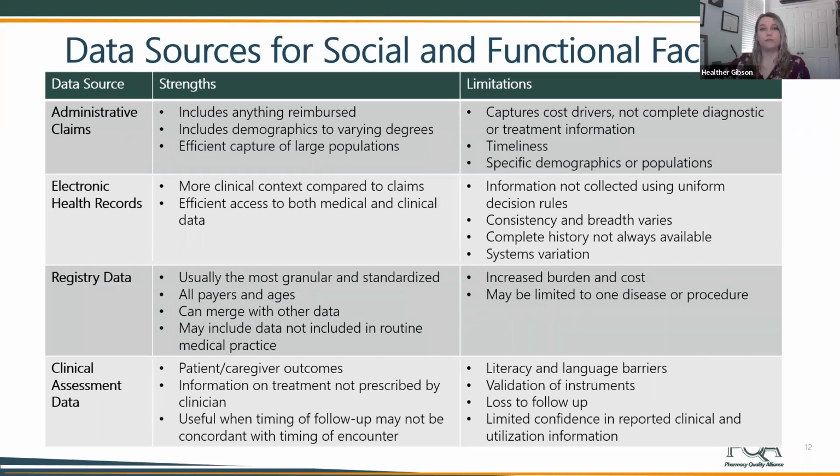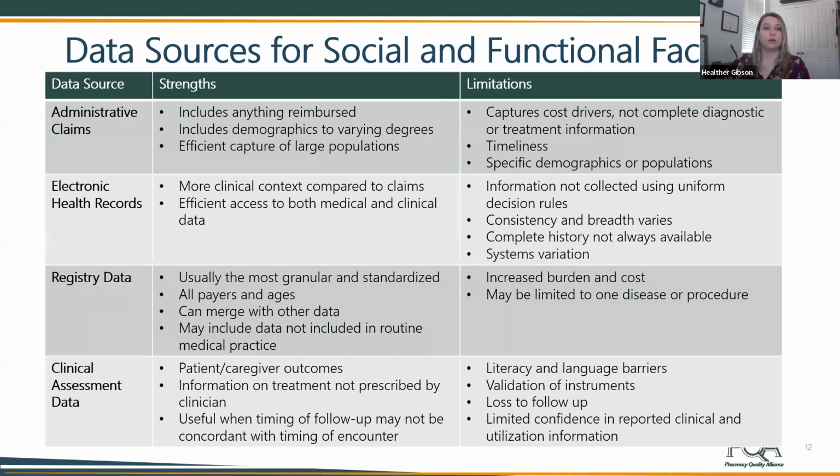They are a really efficient way to capture demographic information for really large populations. However, these data are limited in their timeliness and completeness when you're thinking about things specific to demographics or different populations. For example, race data may not always be self-reported, which is sort of the gold standard for that information.